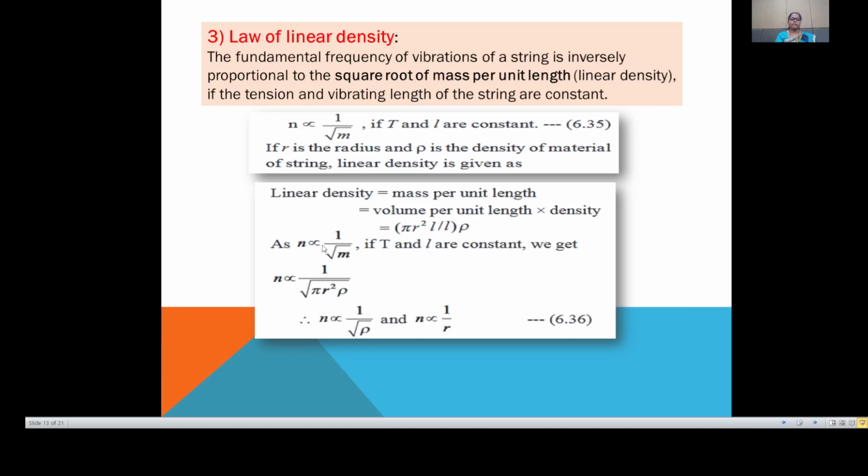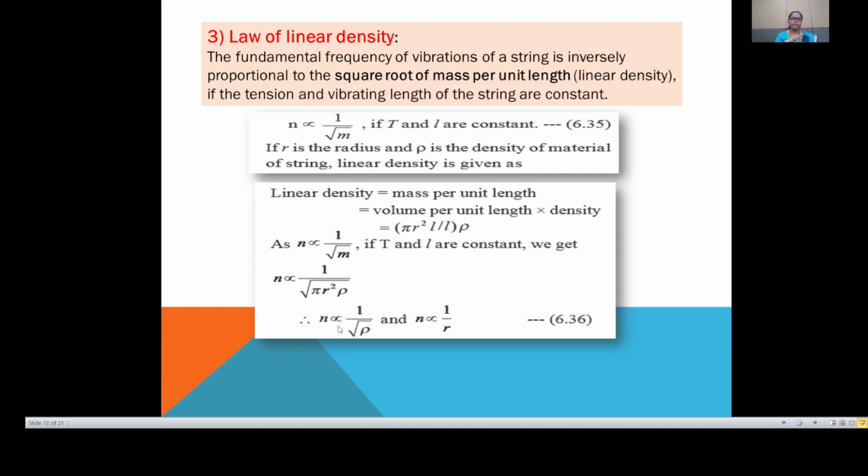N is inversely proportional to the square root of mass per unit length. If T and L are constant, we get N is inversely proportional to the square root of pi r square rho.